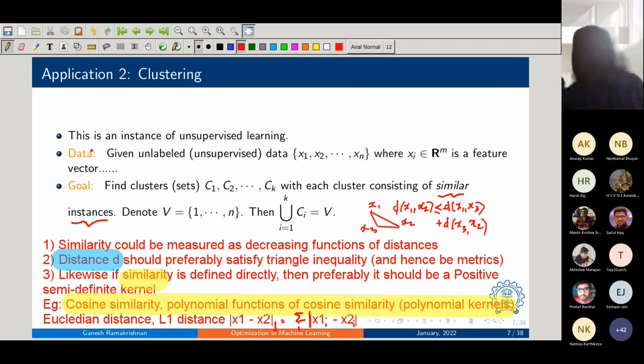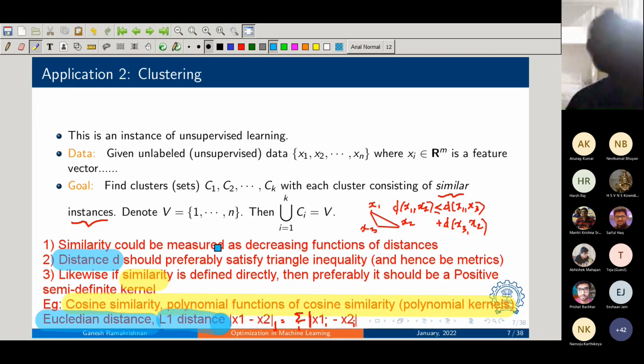Now when you do clustering, you'll find a partition of the points. What is your goal? Either using distance or directly a similarity measure, you can find the clusters, but such that what? You want to cluster such that, let's take the example from the previous slide.